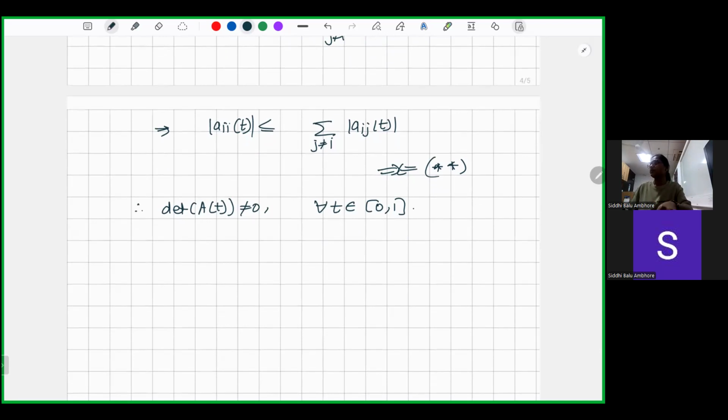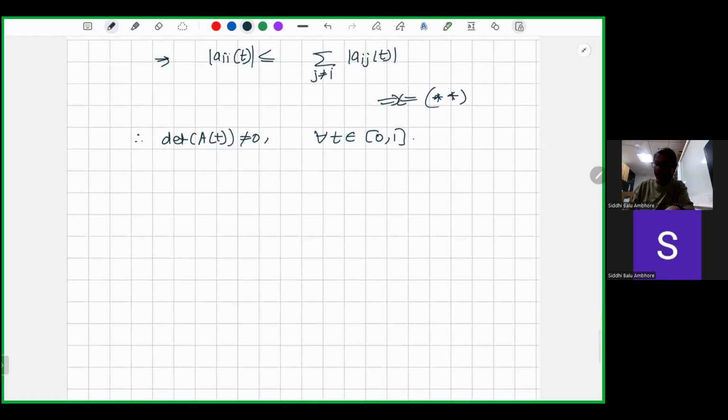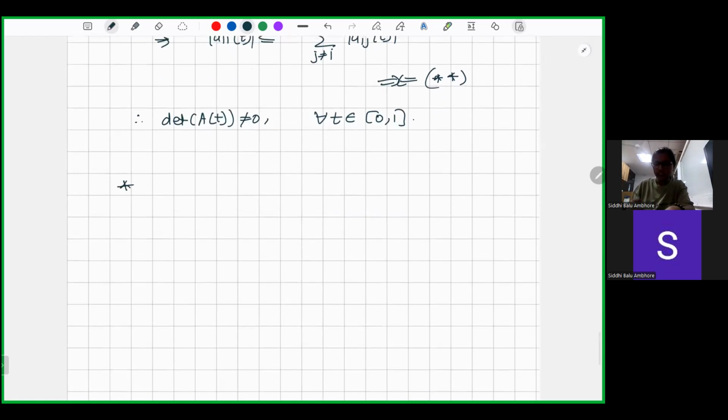Okay, since each entry of A(t) is a polynomial, note that the determinant of A(t) is a continuous function of t. Because each entry is a polynomial, and when we calculate its determinant, it again becomes a polynomial.